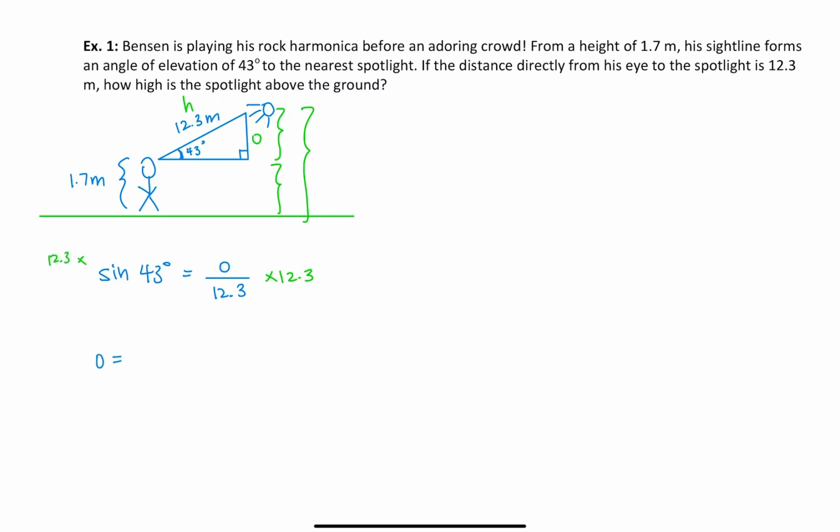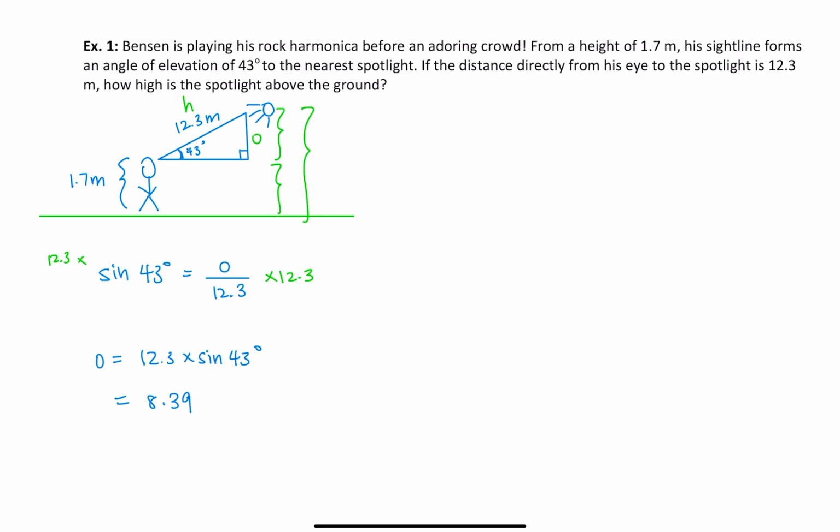And we get that O equals 12.3 times sine of 43. And we will get 8.39. So that means that we know this distance. We also know this distance.